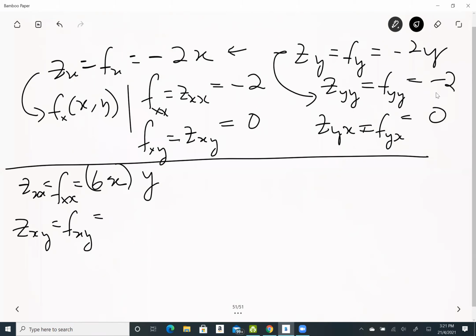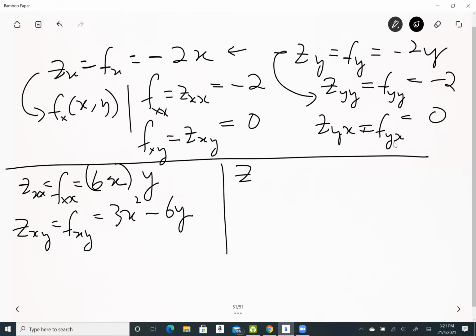The first term, what do we get? 3x squared. Now the second term, what do we get? Minus 6y, because the second term now has the variable y. So that is zxx, zxy.